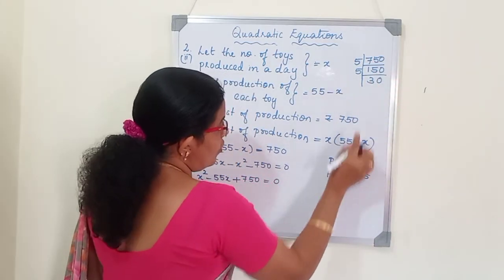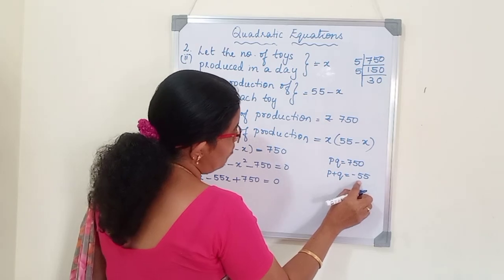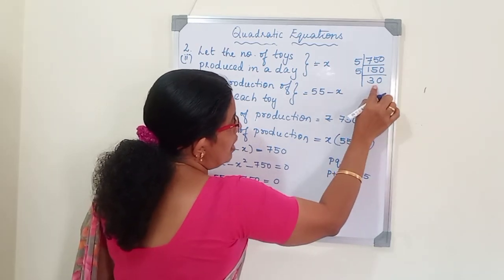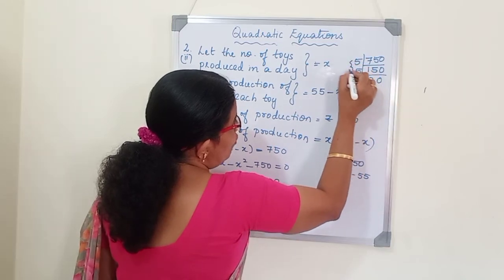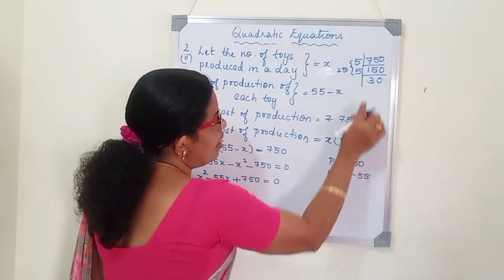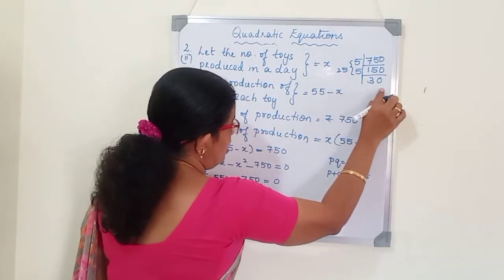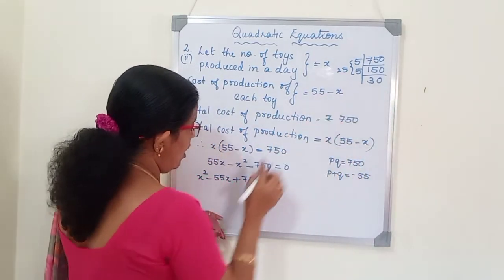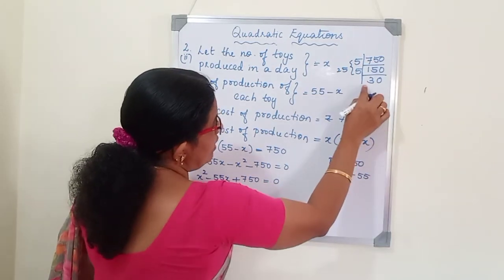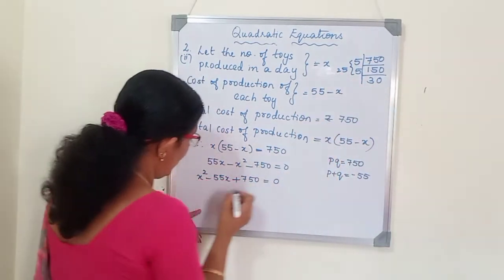Now we want to get 55 as the sum. If 30 is one number and 5 into 5 is 25, then 30 plus 25 gives 55. So no need to do further factorization. We want minus 55, so we write both numbers as minus 30 and minus 25.